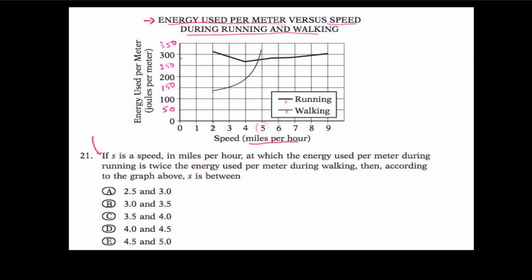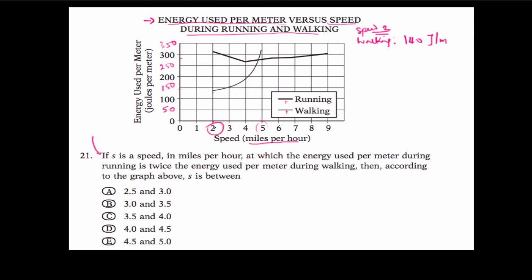Now for a clear demonstration, let's just write: when the speed is 2, that is when the speed is 2 here. Now for walking, what we observed was the energy used is around 140 joules per meter.